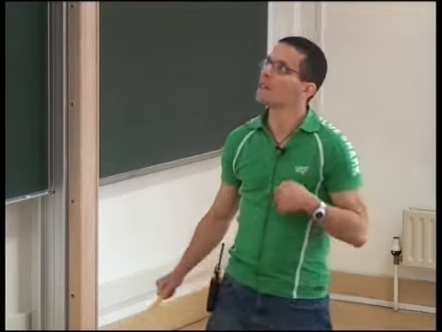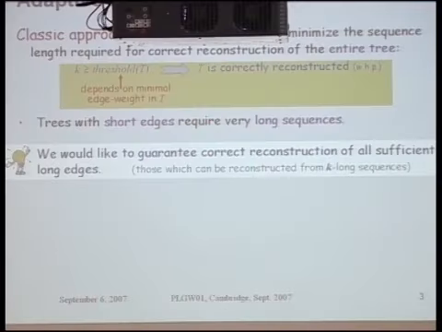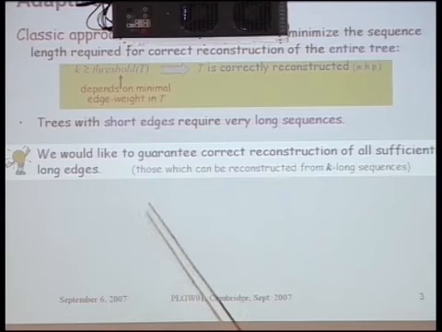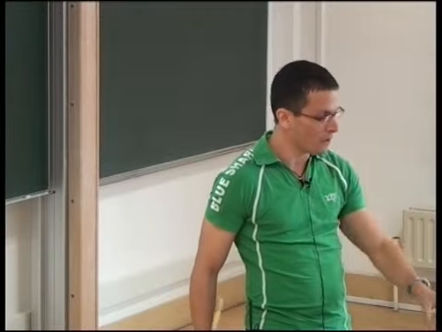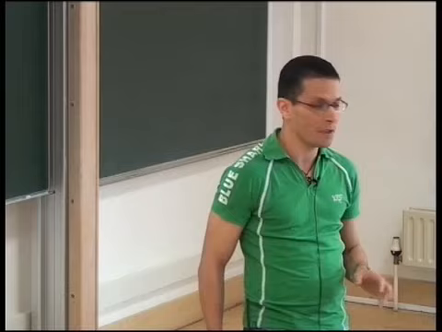So we want to think about something that is slightly more user-friendly, and we want a reconstruction guarantee that tells us what edges our algorithm is capable of reconstructing, and we want to maximize that for every sequence length, even if the sequence length is shorter than this threshold, which is needed to guarantee the correct reconstruction of the entire tree.